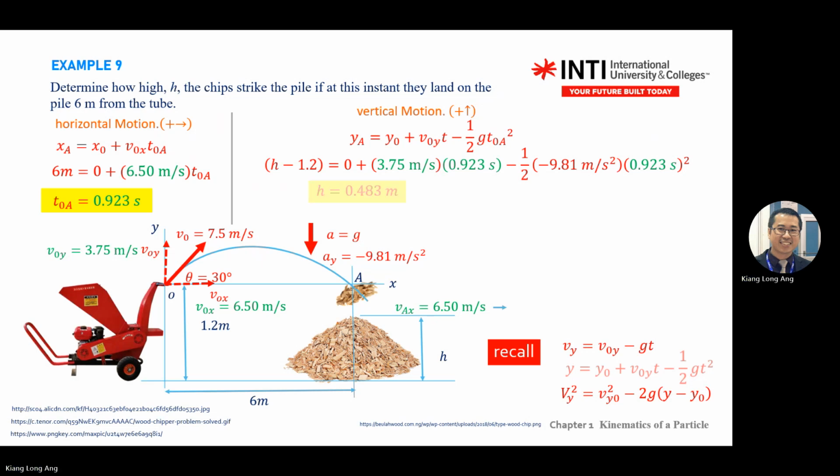Okay. So you get h equal to 0.48. Okay. So on my PowerPoint slide here, this one should be positive, then negative. But if you write like what you see on the screen here, negative, negative, is also correct.